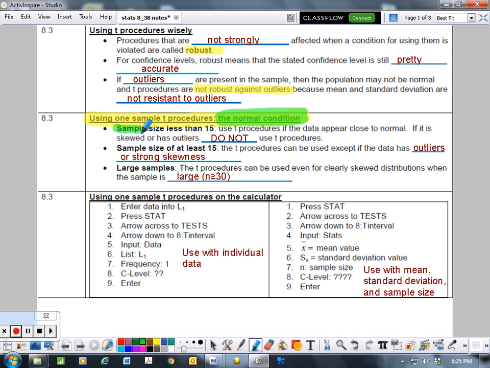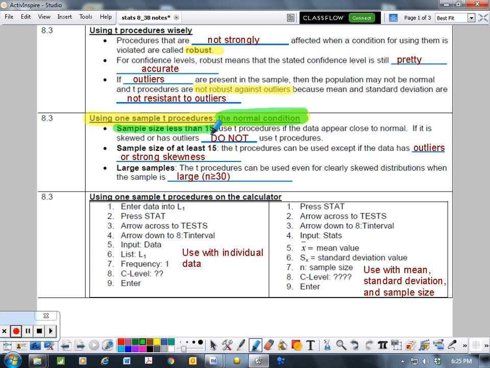If our sample size is less than 15 and it appears close to normal, like our last one, it looked pretty linear. It had a little bit of a tail up at the end, but it looked really linear. Then we can use T procedures because it looked really close to normal. But if it's skewed in any way or has outliers, we cannot use T procedures.